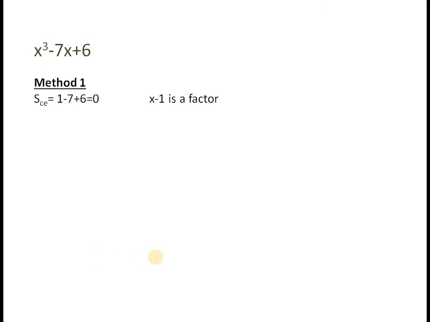Since the sum of coefficients is 0, we already know that x minus 1 is a factor. Now we are going to do division with the Paravartya method. This makes our job pretty much easier. 1 into 1, 0, 1, minus 6, 1 into 1, minus 6. So, getting remainder 0 confirms that we are on the right track, and we got the quadratic equation as x square plus x minus 6 equals 0.